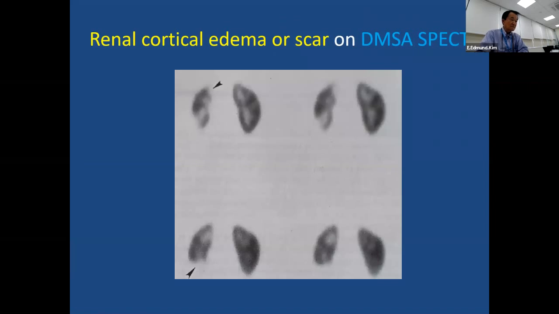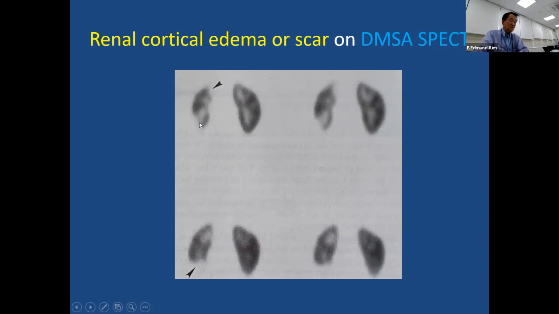Again, some example: you look at it, that's the right side, but here, the margins are not clear. Here, you lost it. So this is usually a cortical scar after glomerular nephritis or pyelonephritis or certain cortical edema.